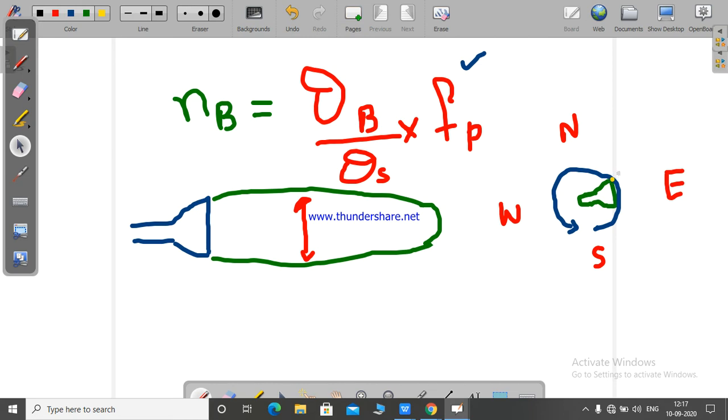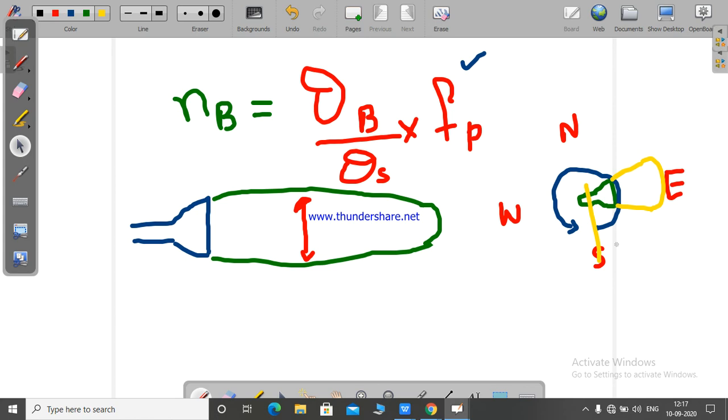For example, if the target is present in the east direction, it will track it. If the target is present in the north direction, then the antenna is rotated in this direction. So the antenna definitely tracks that target.